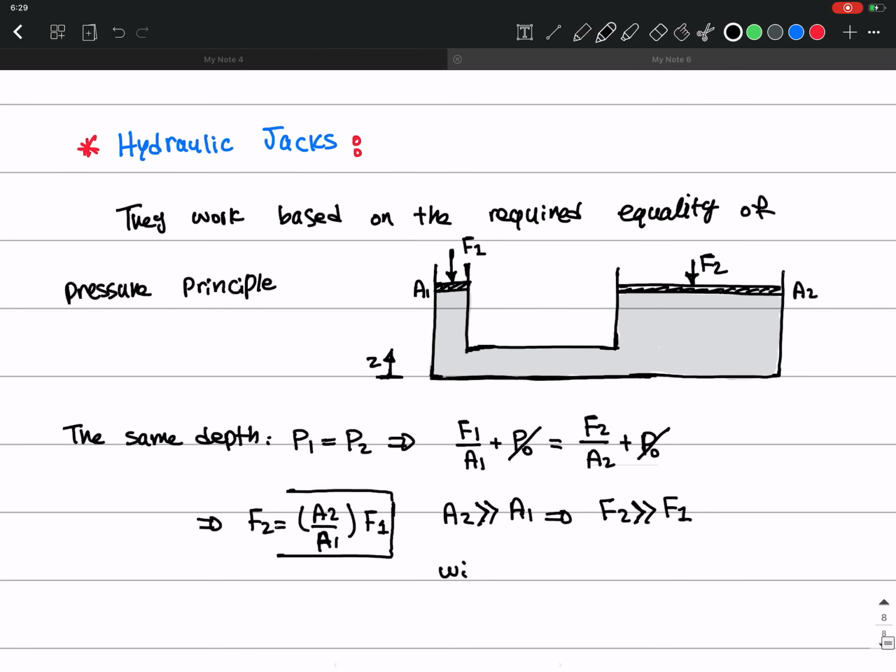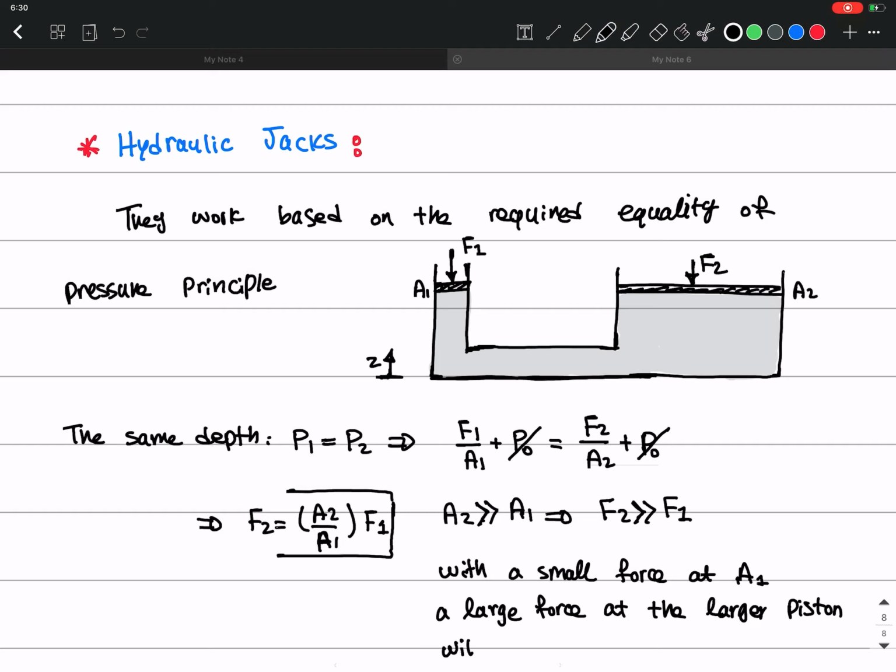So with a small force at A1, a large force at the larger piston will be developed.